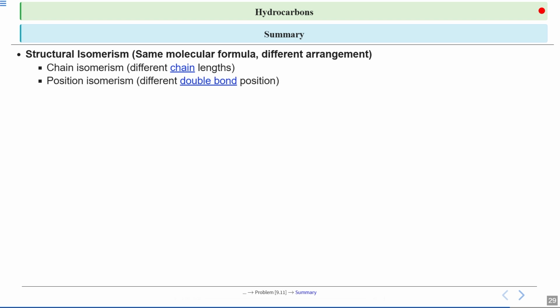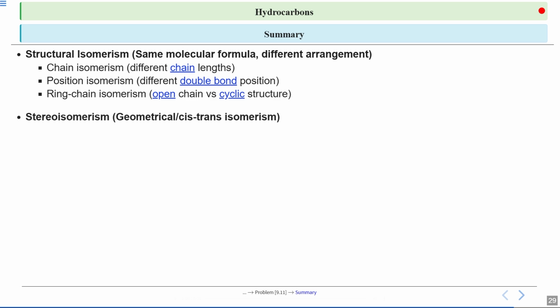Next, if the backbone is not changing, then the position of the double bond can change, and that can result in position isomerism. The last one is ring chain isomerism, in which your alkene can be converted to a cyclic compound. You can try with any example and you will see clearly that your alkene is capable of showing the cyclic chain, given that your alkene should be at least of chain length 3.